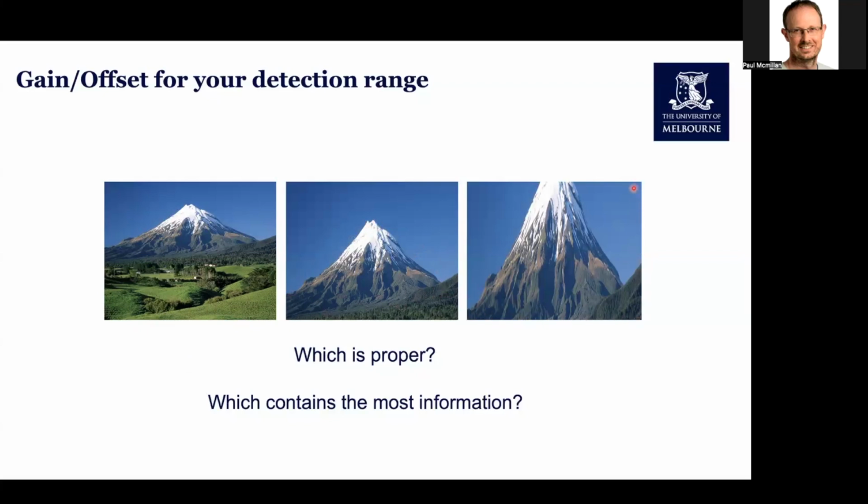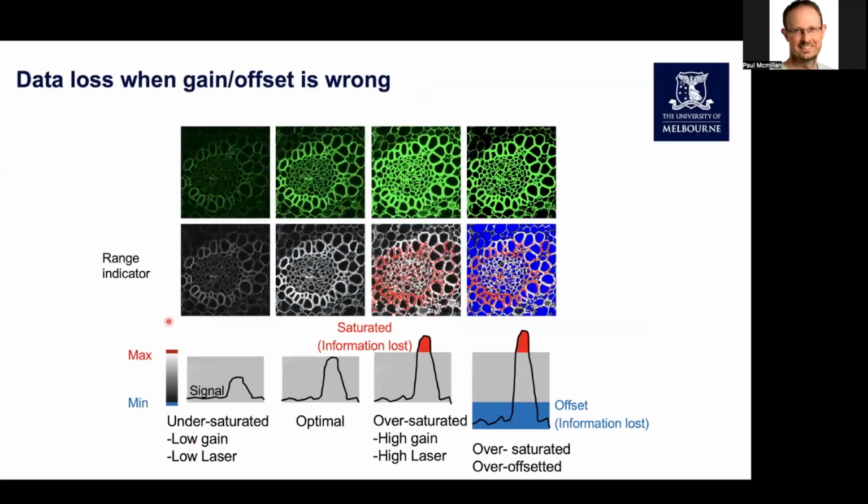Or is it the one that's zoomed in on the mountain that we can't even see the top? Hopefully you don't think it's this one. Out of these 3 images, probably this one is the best, as it gives you as much of the information as possible. Ideally, we'd want to zoom out until we can see sea level and we could understand how high it is above sea level. We need to do the same thing when we're setting up our microscope experiments.